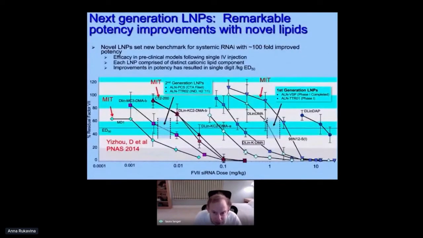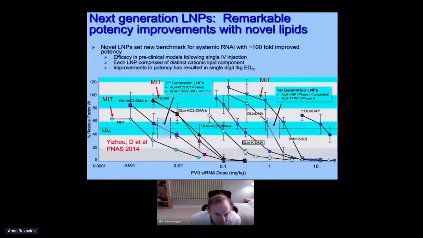So when we first started, you want to look at the right, and it shows you what you needed to get a factor 7 knockdown. In the beginning, we needed between 1 and 10 mg per kg. And then we just kept improving it, either us or them, using these combinatorial approaches.